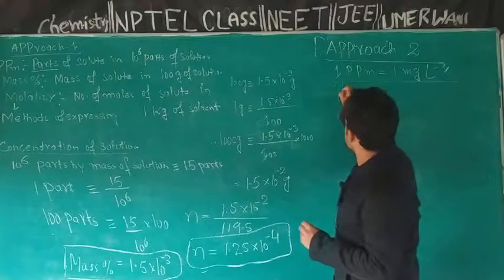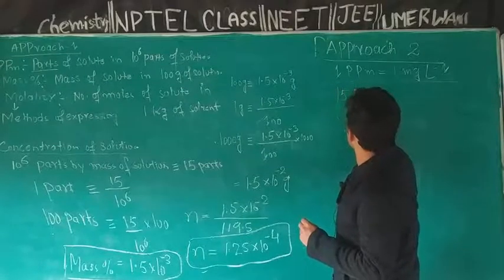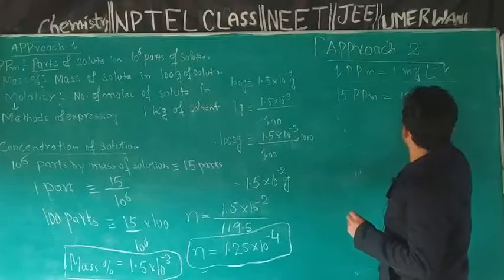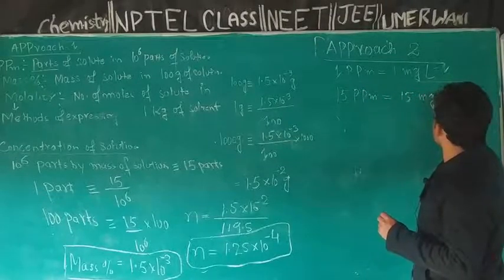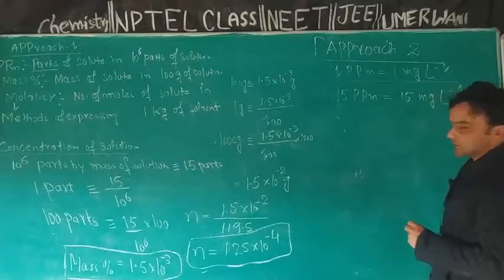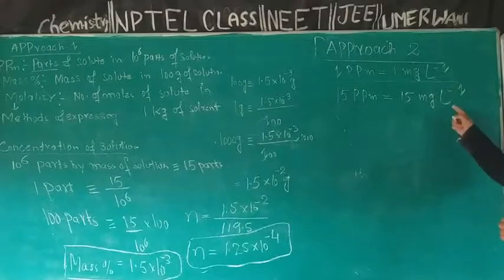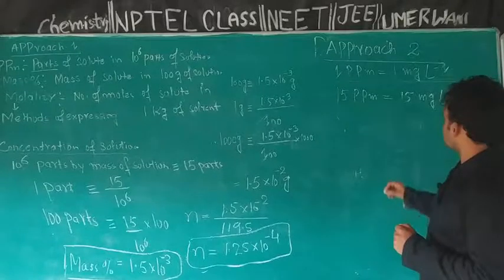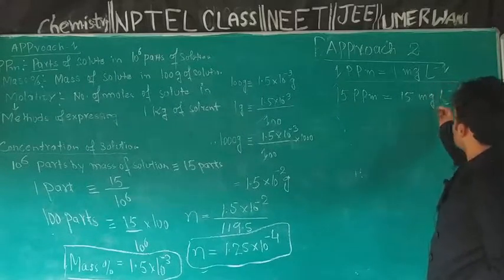Therefore 15 ppm means 15 mg of chloroform present in 1 liter of solution, and 1 liter of solution means 1 kg of solution, because solvent is water, and for water density is 1, so 1 liter means 1 kg.